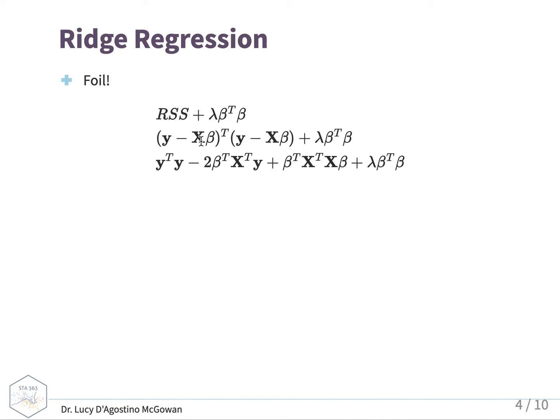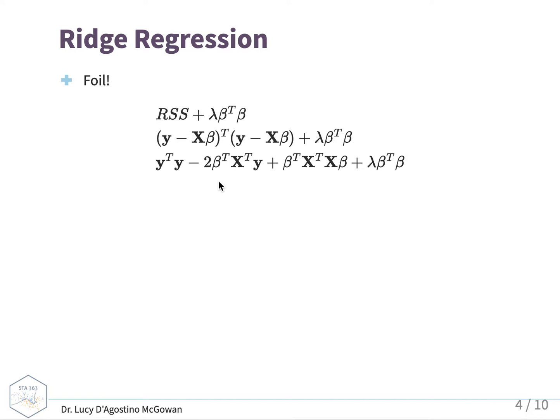Well, the transposes flip the order, so it's going to be beta transpose x transpose times x transpose beta, and so that's what this term is here. Oh, I apologize. The outer is actually this one here, this y times x beta. So that's going to be y times x beta. The inner is going to be x beta, or beta transpose x transpose times y.